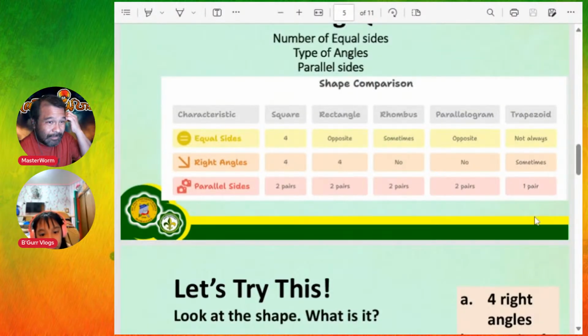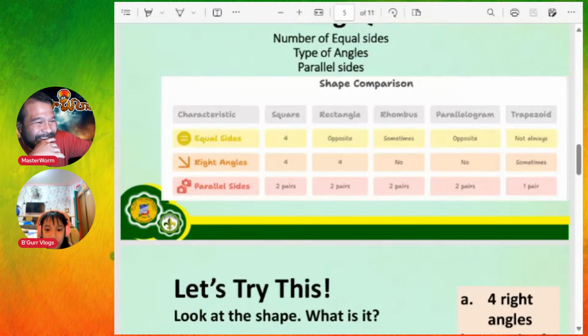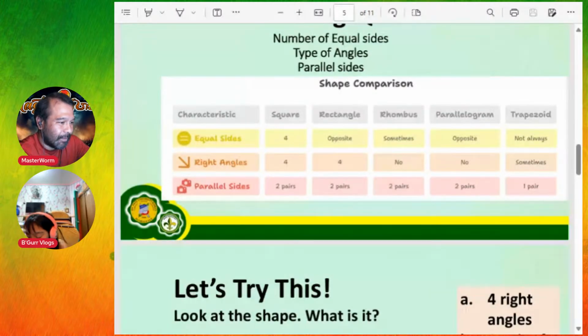I don't know this. It says here I have 4 equal sides. Daddy, I think it's rectangle?